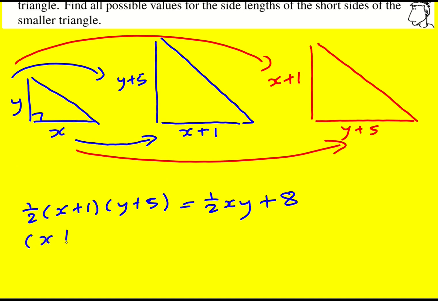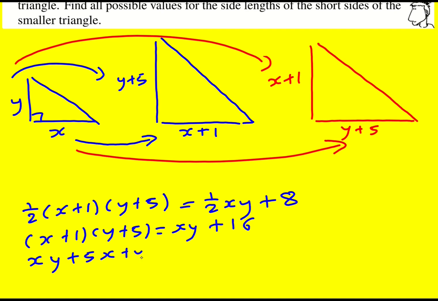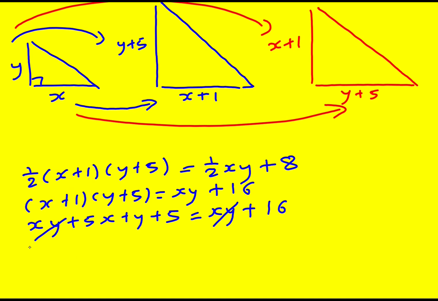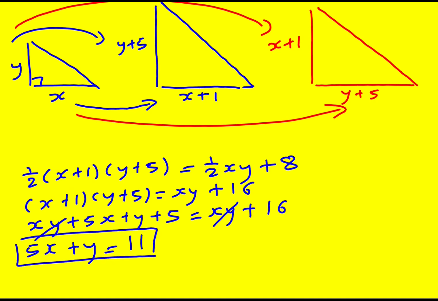Times through by 2 straight away, I think, and multiply this out, so xy plus 5x plus y plus 5 is equal to xy plus 16. Cancel out the xy's. That leaves me 5x plus y is equal to 11. Okay, so I've got a relationship between x and y.